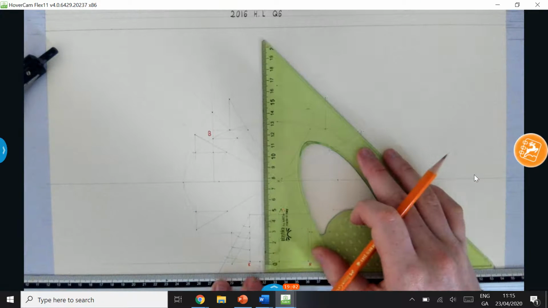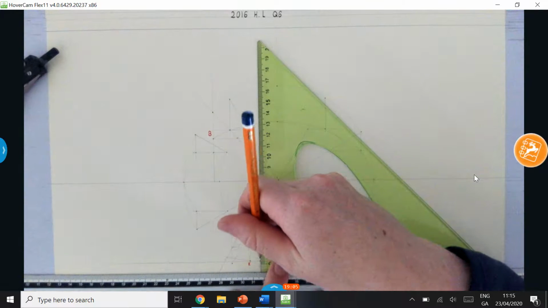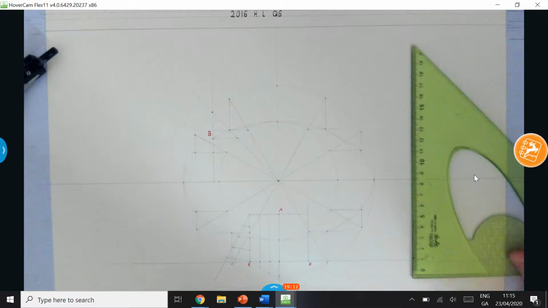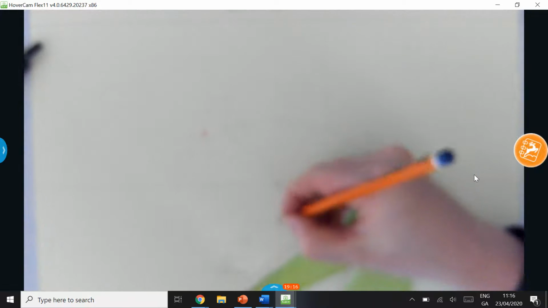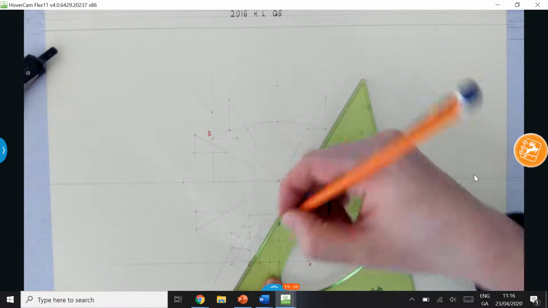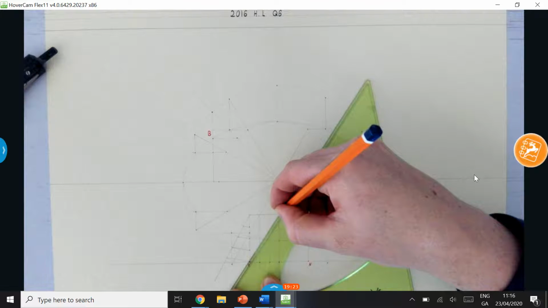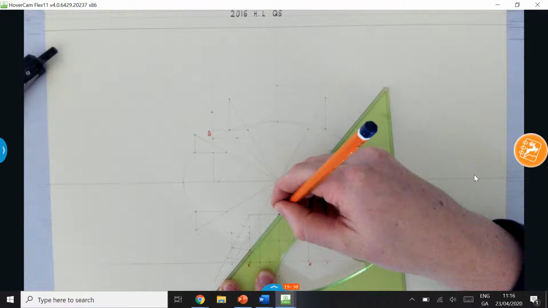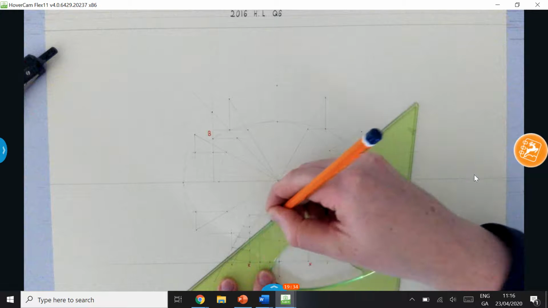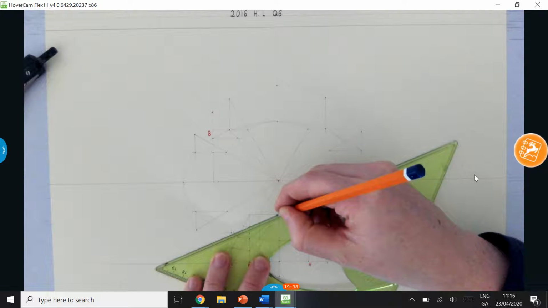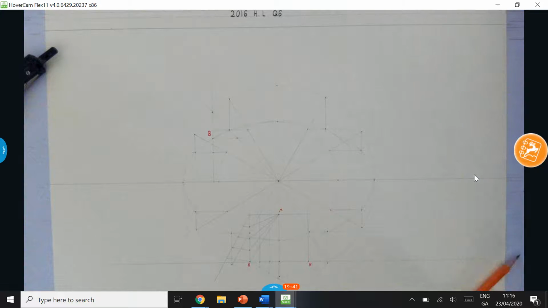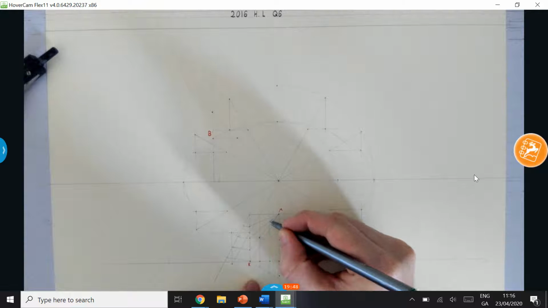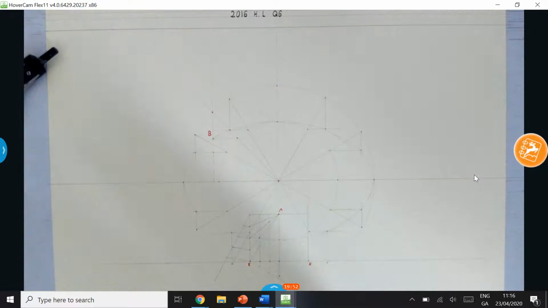From the bottom, we're drawing vertical lines up. And then from K, we're joining up to M. From the point above K, we're joining up to M. Moving up again, joining that up to M. And joining that up to M. And that is going to find us 1, 2, 3, 4 points along the parabola.